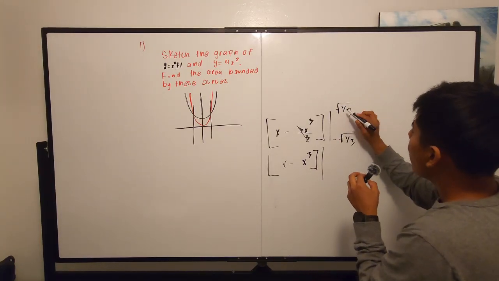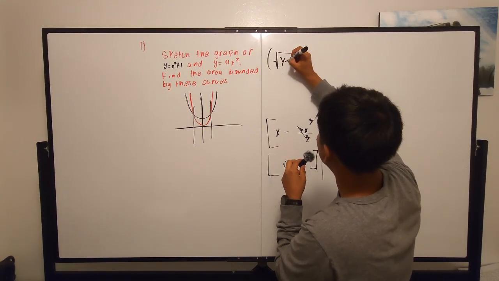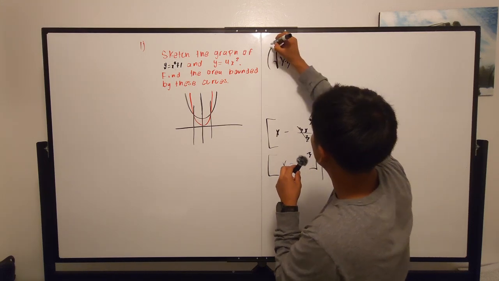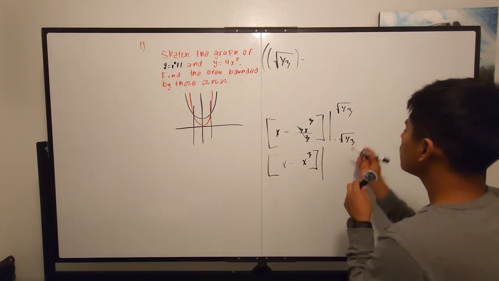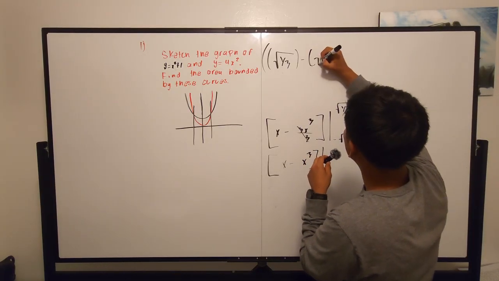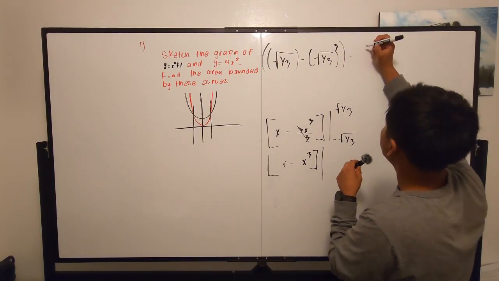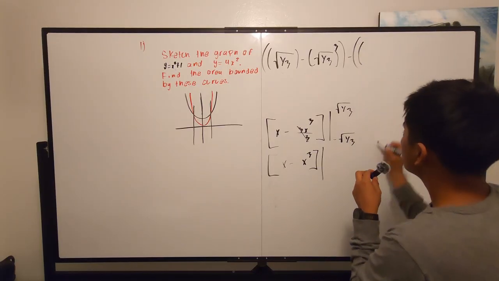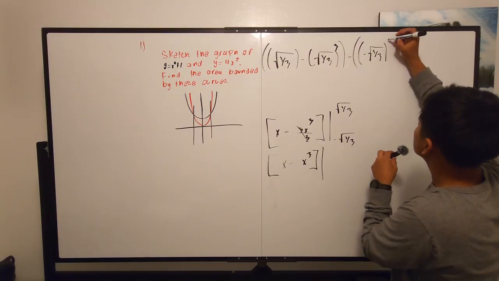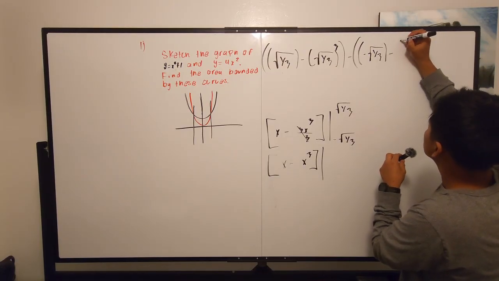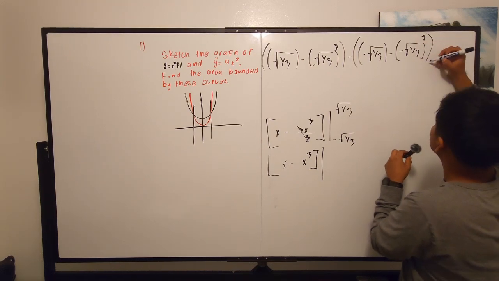So we have square root of 1 over 3 minus square root of 1 over 3 cubed, minus negative square root of 1 over 3, minus negative square root of 1 over 3 cubed.